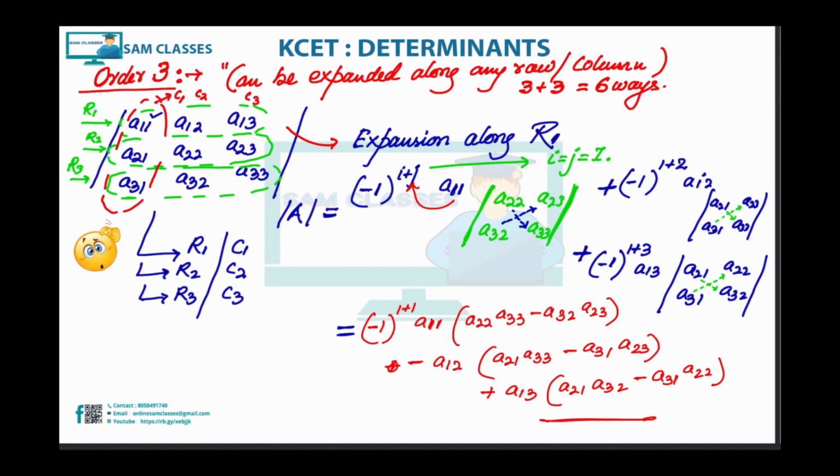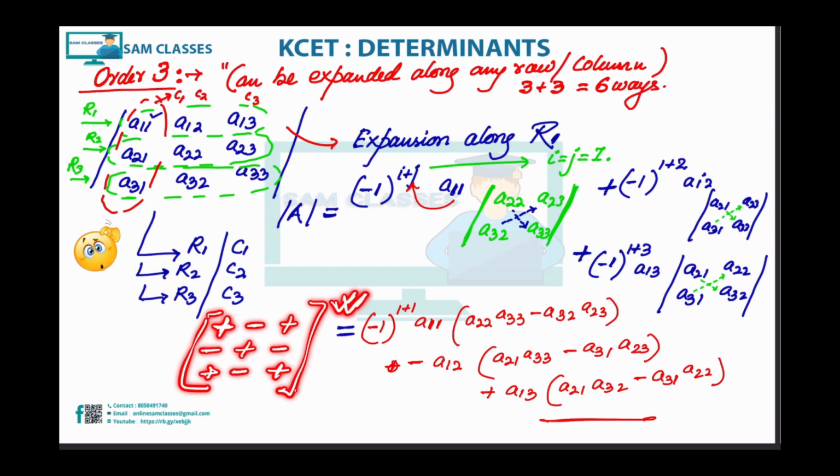Now what about the sign, students? The sign is pretty simple. If I'm starting from here, this one is what? 1 plus 1, so positive, then alternate: negative, positive, negative, positive, and so on. Correct? That's it, alternate, you can go about it.